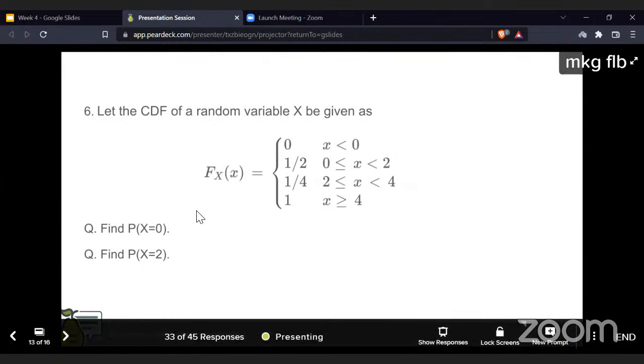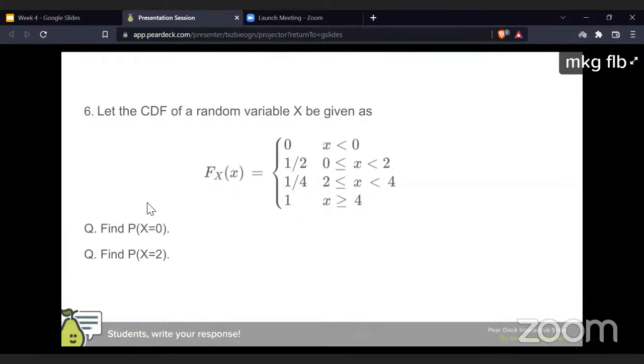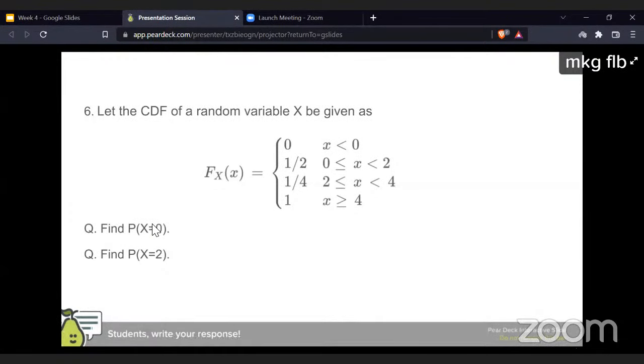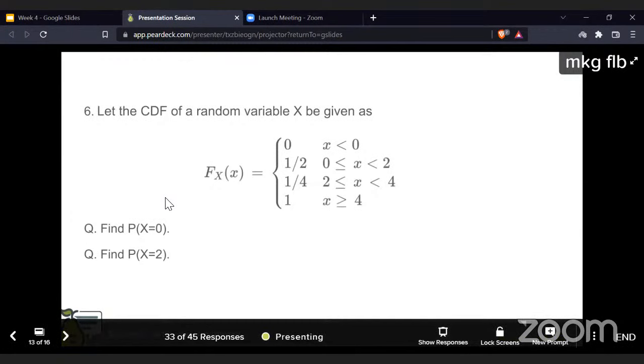First of all, whether it is a continuous CDF or discrete. It's a discrete CDF. Why is it discrete? There is a jump at 0, right? It has a jump at 0, a jump at 2, a jump at 4. So this CDF is for the discrete random variable.